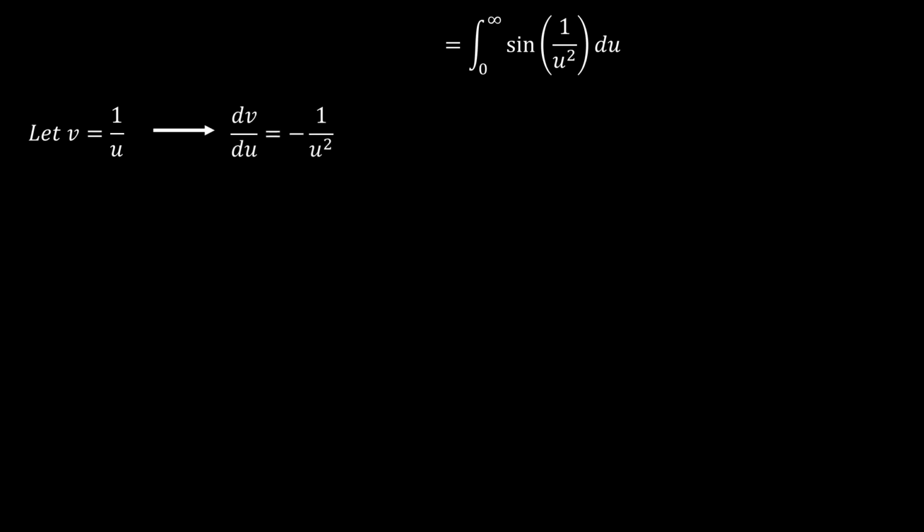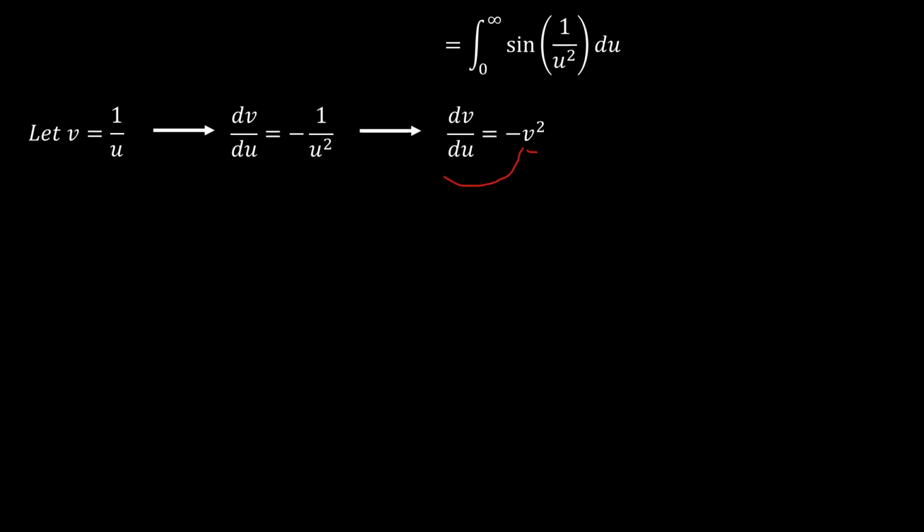So the first thing that I would do is I would say let v be equal to 1 over u, such that dv/du is negative 1 over u squared, and therefore, since v is the same as 1 over u, dv/du is the same as negative v squared, right?